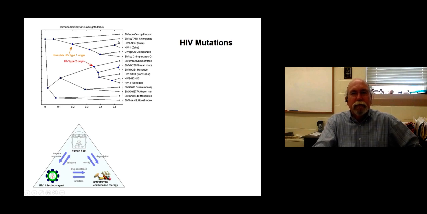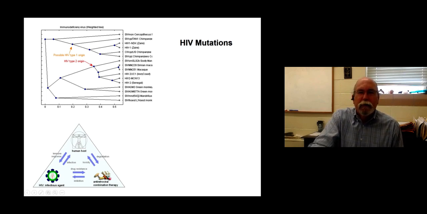Just going back and trying to figure out where these variants came from, it turns out to be quite a few variants. Some came out of chimpanzees, and that was a completely different form than those that came out of the green monkeys and other forms over here. So what? Well, if you're trying to treat these and develop pharmaceuticals for these, you need to know where the original forms were that will help you develop these treatments.